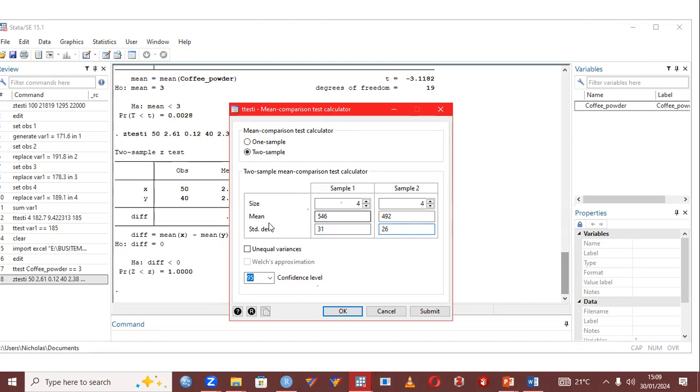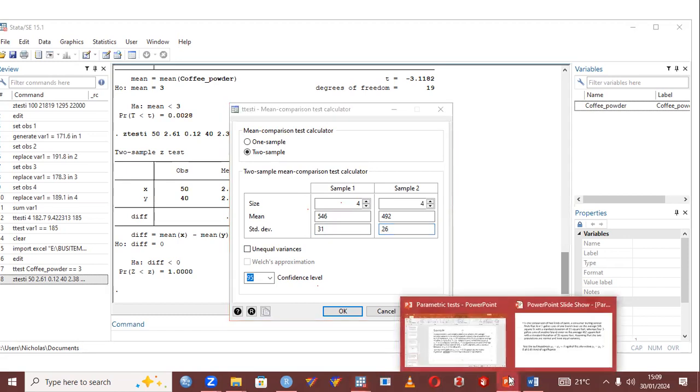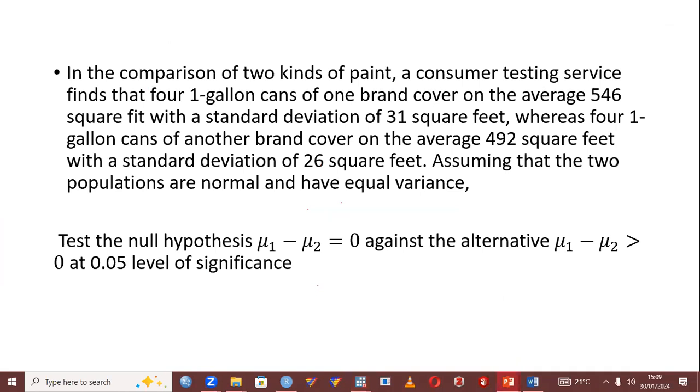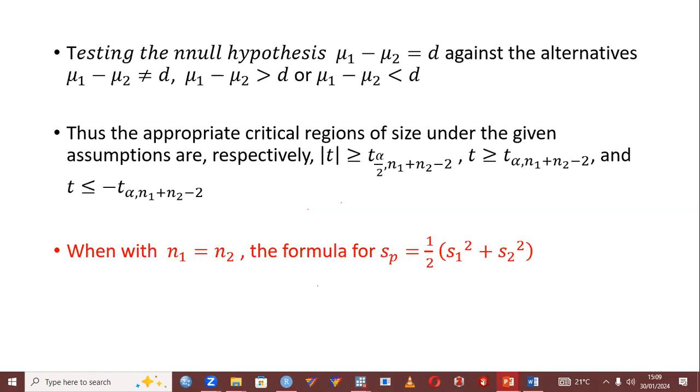I think that there are equal variances and unequal variances altogether. So if you look at our thing here, we are saying that they have equal variances. And if they have equal variances, we shall basically use this formula, this Sp here.